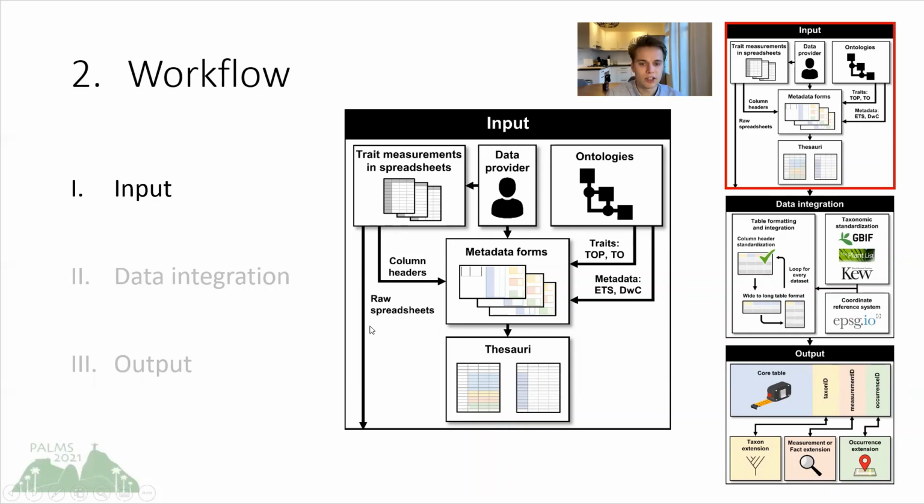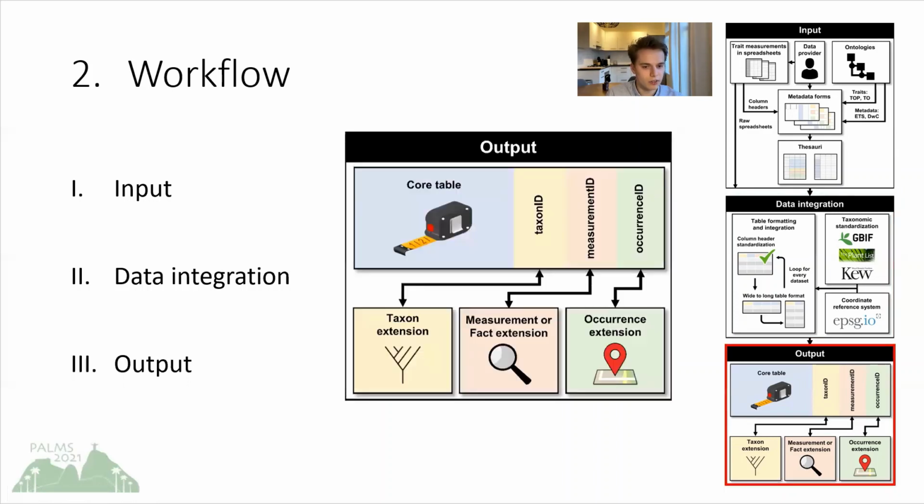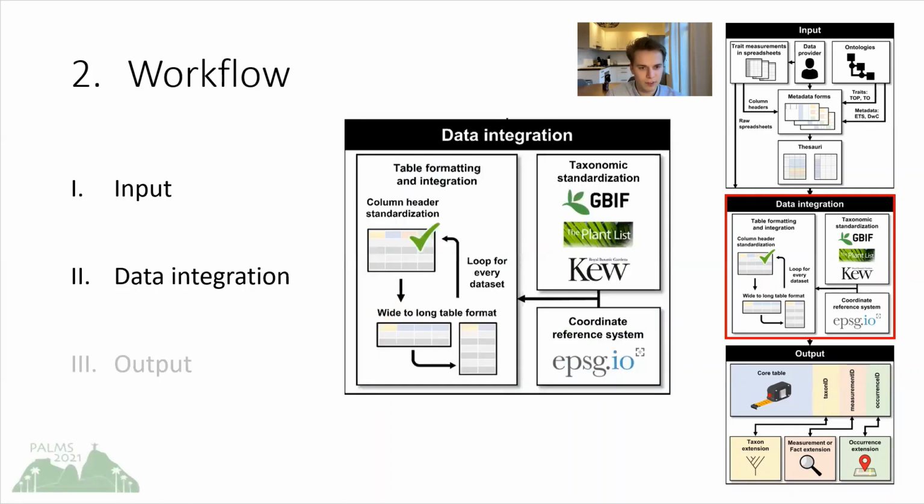These thesauri, together with the raw spreadsheets, are used as an input in the R integration workflow, where the spreadsheets are formatted and integrated through column header standardization. They're converted from a wide to a long table format. And additionally, there are some standardization efforts such as taxonomic standardization and providing additional information, as well as coordinates standardization.